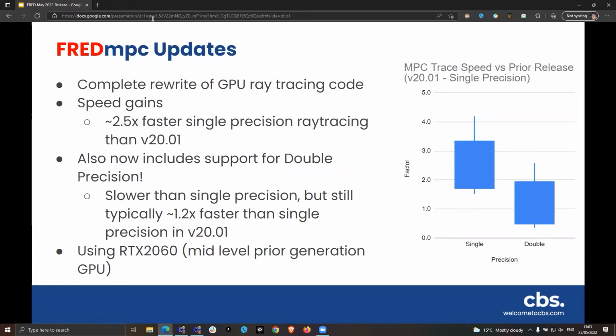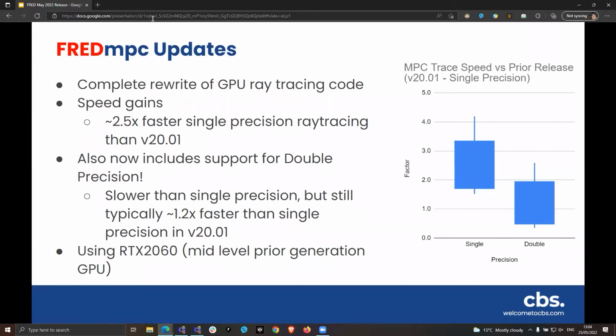So what we've seen in testing is that MPC ray traces in the single precision mode are around 2.5 times faster than they were in the prior version of FRED. There's a bit of a bracket on that. This chart on the right-hand side shows this, but essentially we see an average speed up of a factor of around 2.5, but the speed up can go as high as just over 4 times faster. So that's a great thing to actually have.